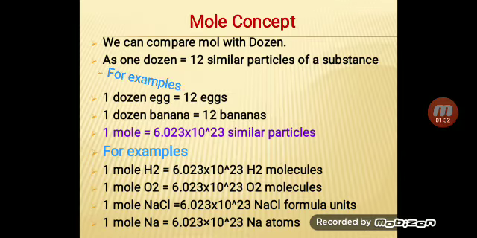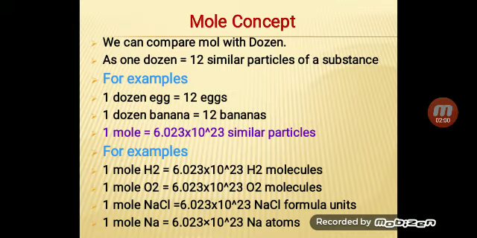For example, 1 dozen egg is equal to 12 eggs. 1 dozen banana is equal to 12 bananas. Similarly, 1 mole of hydrogen molecules is equal to 6.023 × 10^23 hydrogen molecules. 1 mole of oxygen molecules is equal to 6.023 × 10^23 oxygen molecules.